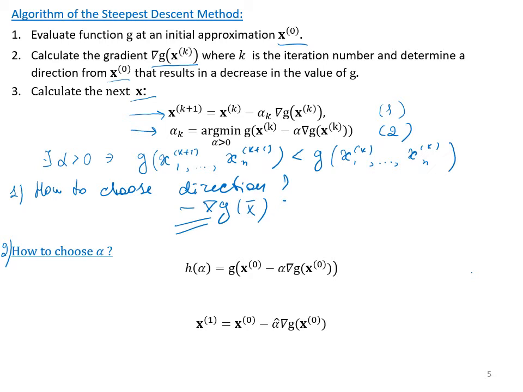So let me describe this approach slightly differently. We can consider function, let's say h alpha, and we want value alpha that minimizes our function h, and this alpha will be what we actually want to find.